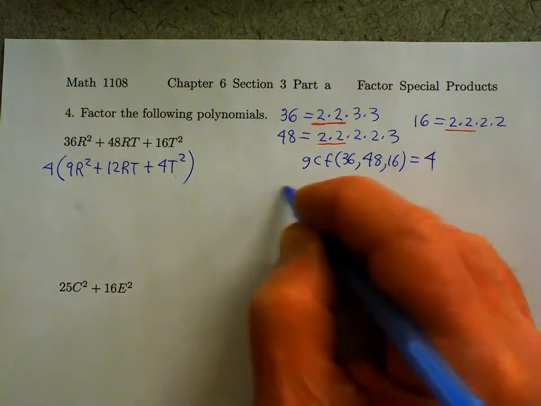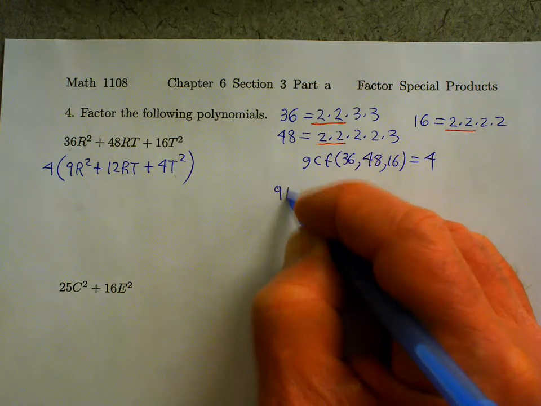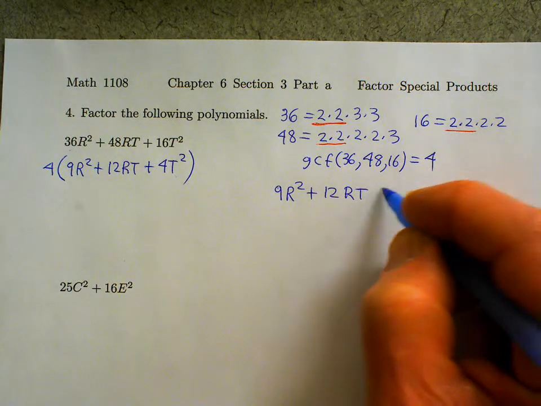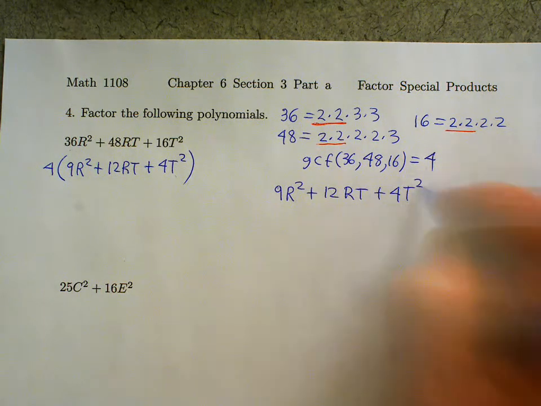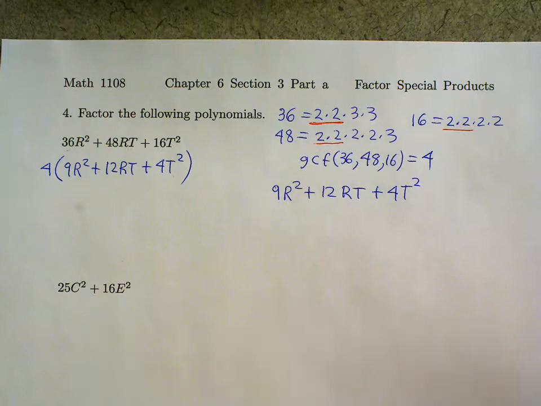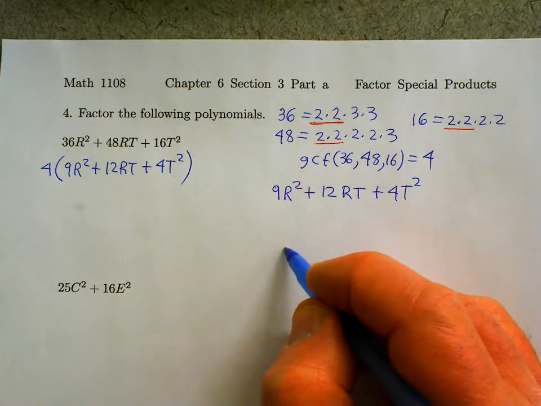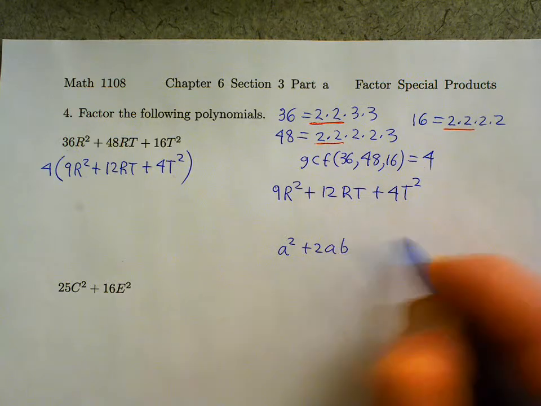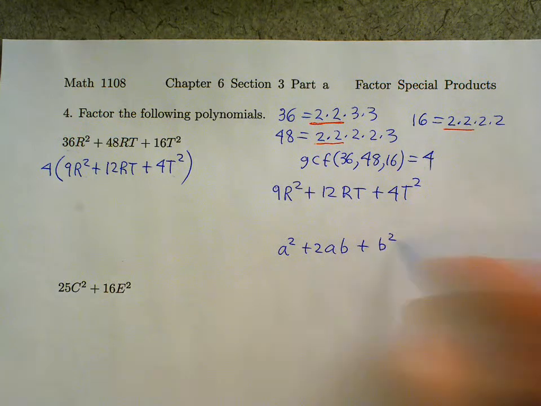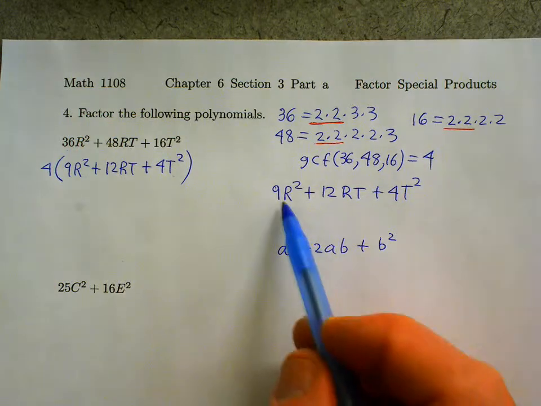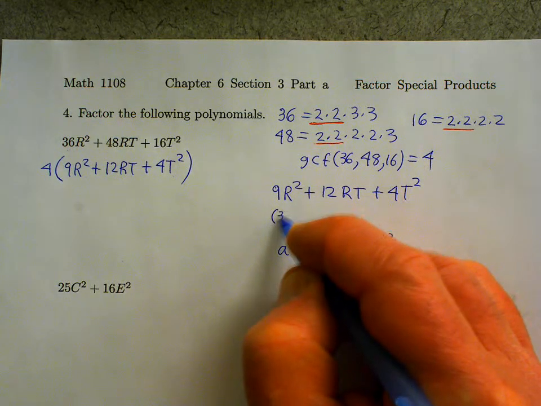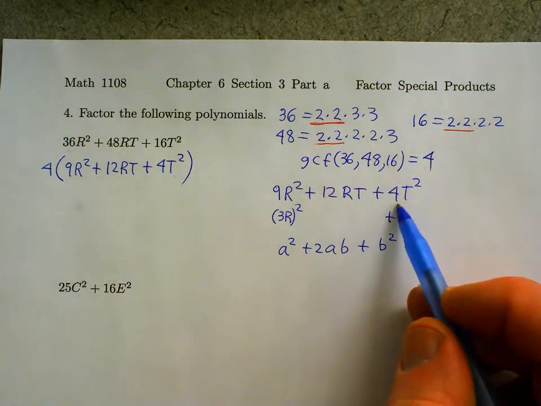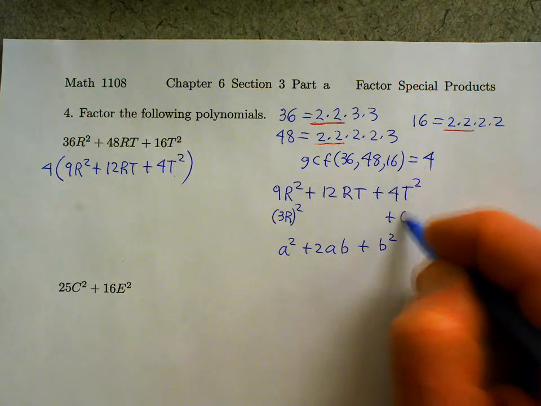Okay, so if we look at that over here in isolation, 9r to the second plus 12rt plus 4t to the second, we want to see if this has the right form for a perfect square trinomial. So 9r to the second is the same as squaring the term 3r, and on the right, 4t to the second is the same as squaring the term 2t.